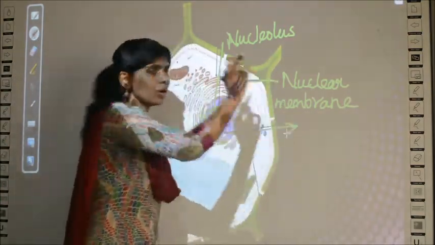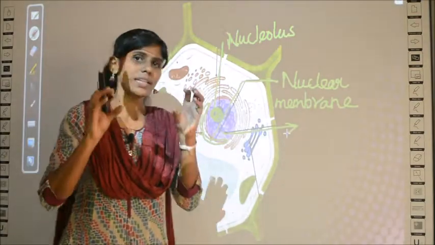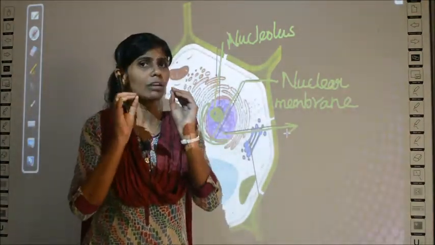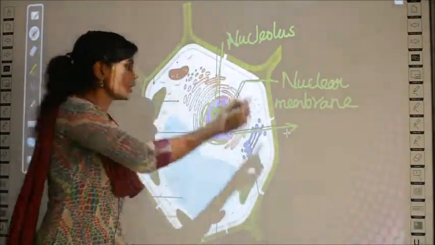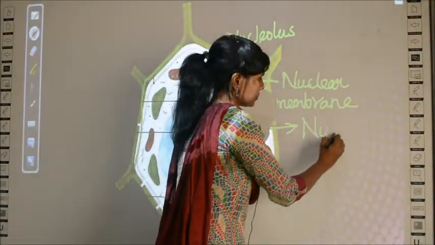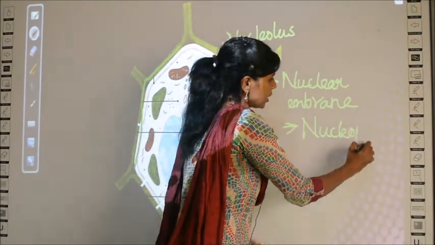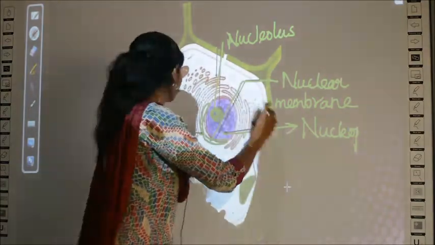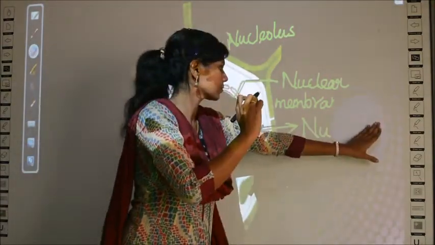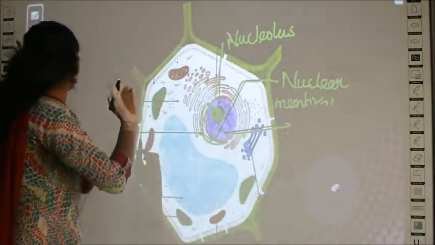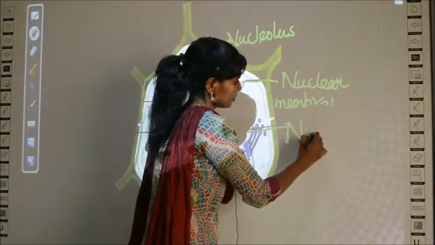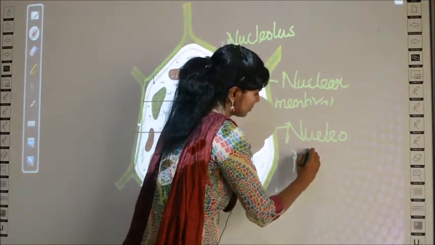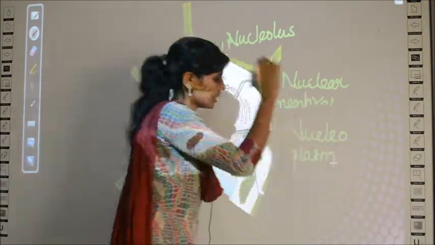Just like how cells are filled with a liquid material called cytoplasm, inside the nucleus alone you have a liquid material that is called nucleoplasm. What is it called? It is called nucleoplasm.